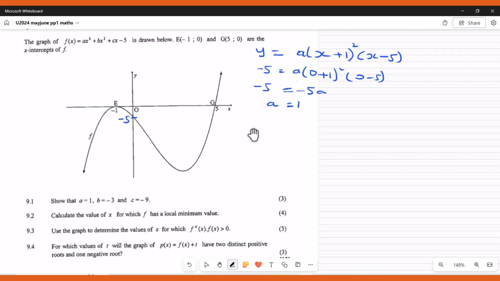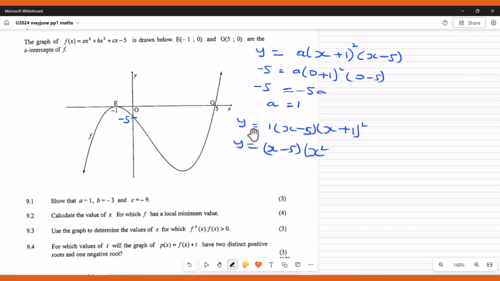After getting a, to get my b and c, I come and expand the brackets here. I'm going to say my f of x, which is y, equals a, which is 1, into x minus 5, into x plus 1, squared. So I'm expanding now. y equals x minus 5 into, what do you get here?